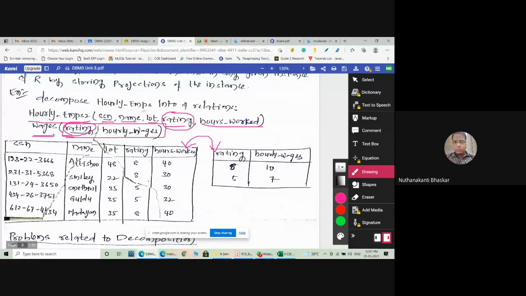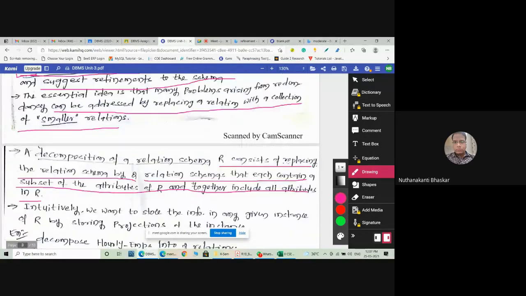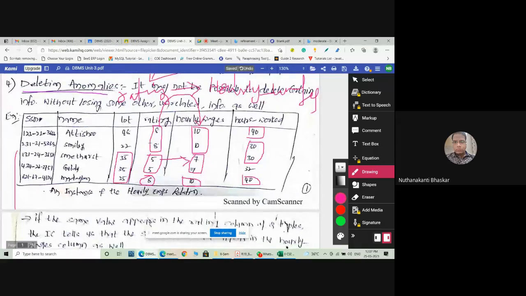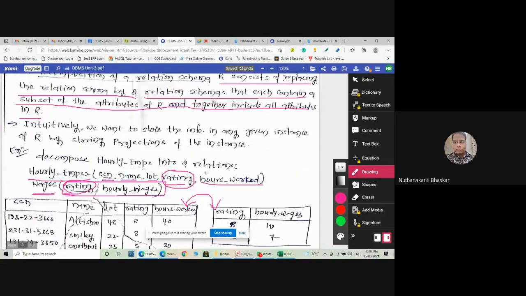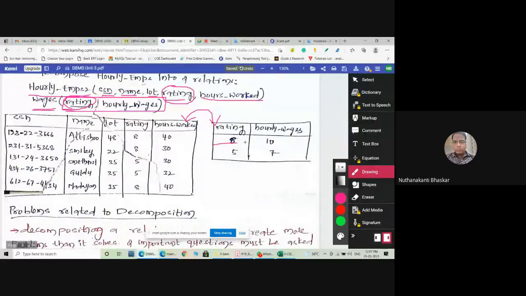Now coming to wages. How many categories of rating are there here? Only two. If the rating is 8, the hourly wage is 10. If it is 5, the hourly wage is 7. So we have two tuples only here.